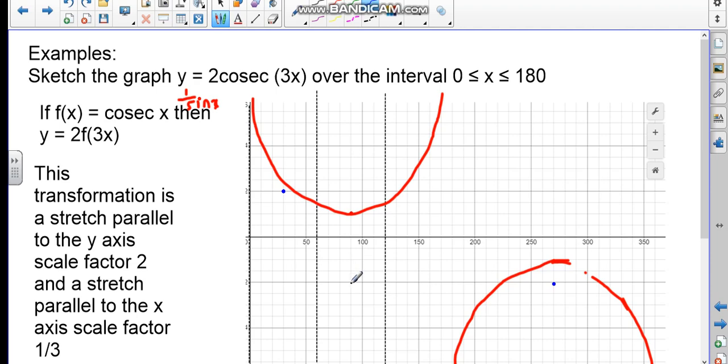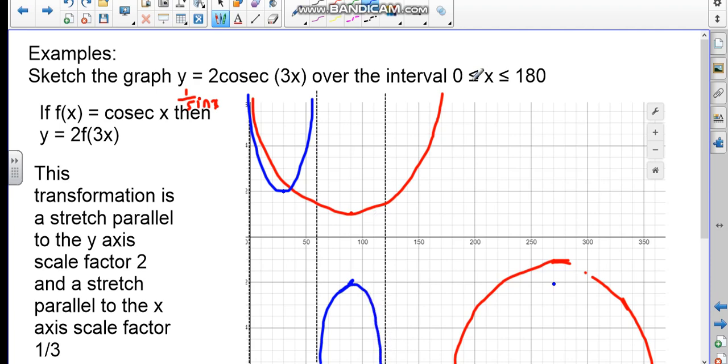It's going to be -2 here. I'll leave the red graph in for now, but this is what the graph is going to look like. So there and there. There we go, you get the idea.